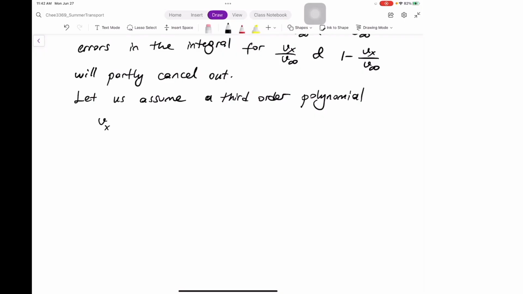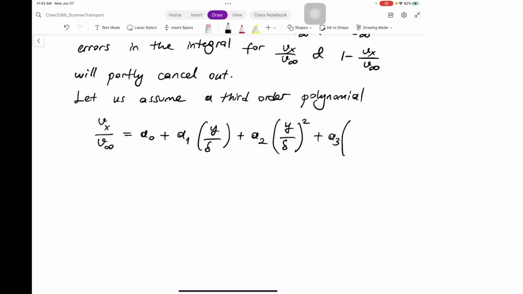Okay, so Vx over V infinity, let's imagine that it's a0 plus a1 y over delta plus a2 (y over delta) squared plus a3 (y over delta) cubed.